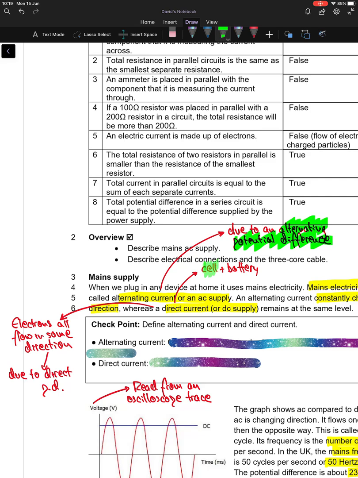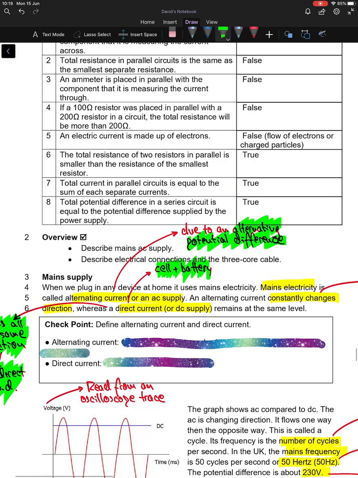Now, a direct current, rather than mains electricity where you plug things in, goes into an object. Direct current is often supplied by cells and batteries, where it remains at the same level because electrons are all flowing in the same direction around the circuit. It doesn't have an alternating potential difference, it just has a direct potential difference, pushing them in one specific direction around the circuit.